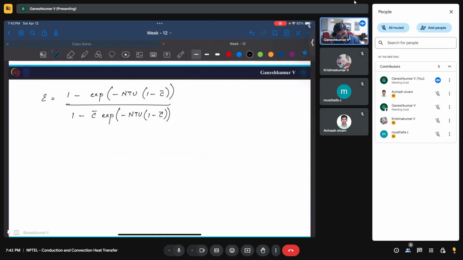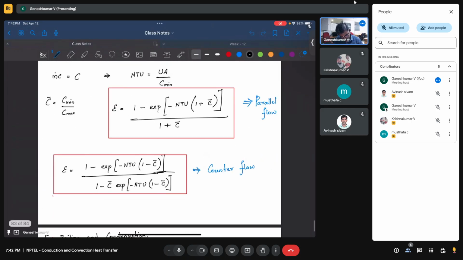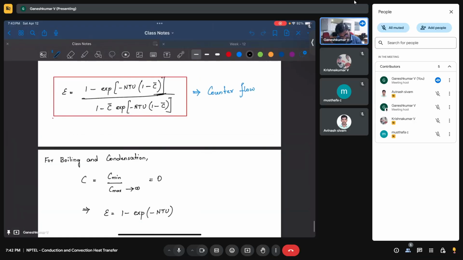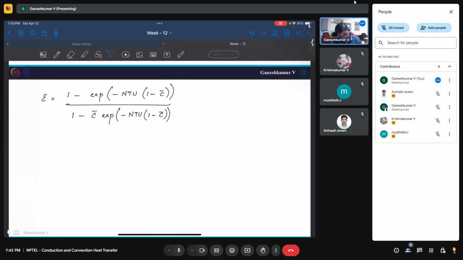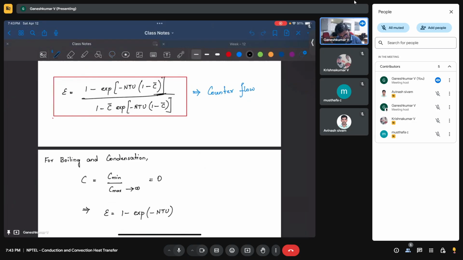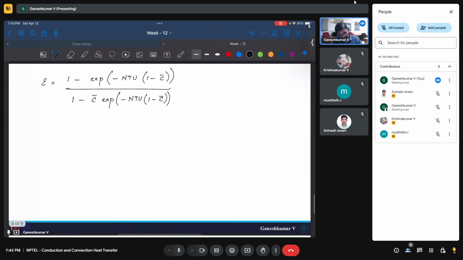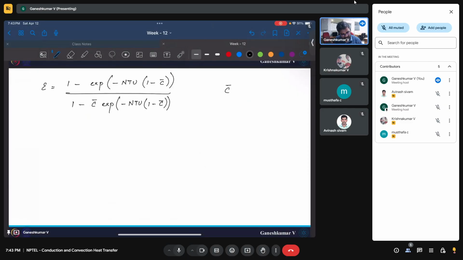I guess this is right. Let's check. 1 minus exponential of minus NTU (1 minus C bar), over 1 minus C bar exponential of minus NTU (1 minus C bar). Okay, yeah. So this C bar, I think the professor used just C to avoid confusion with C P and C ratios. I just took it as a C bar, nothing much.